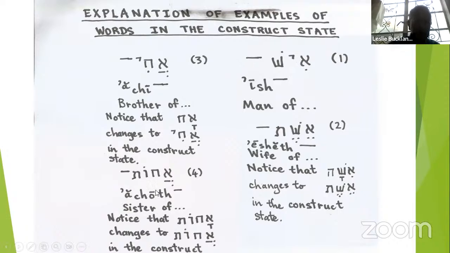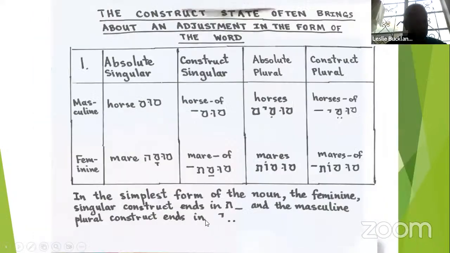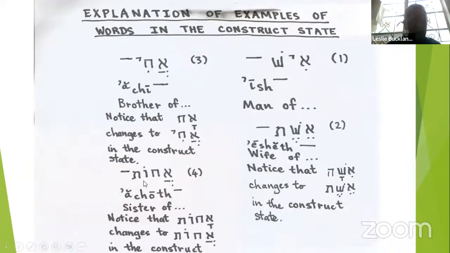Number four, Akoth, sister of. Notice that Akoth, which is spelled with the long vowel kames, which is A, becomes a half vowel, katef patak, when there is, let me go back, when there is a makaf added to it. So Akoth changes to Akoth in the construct.